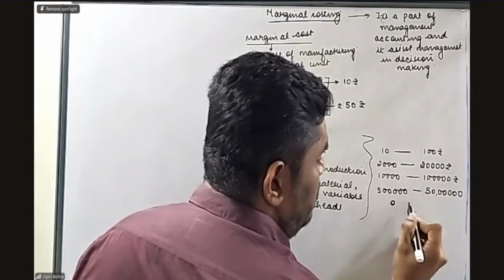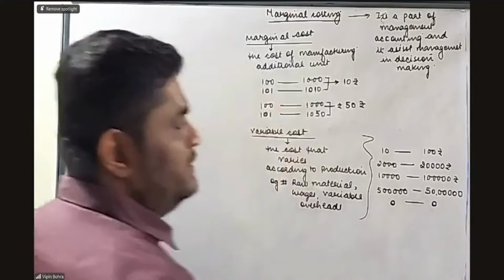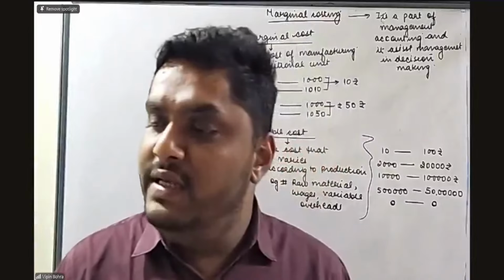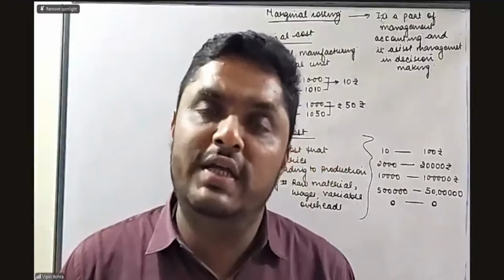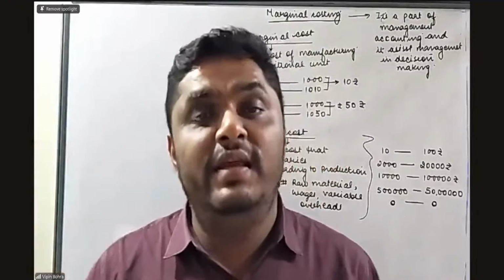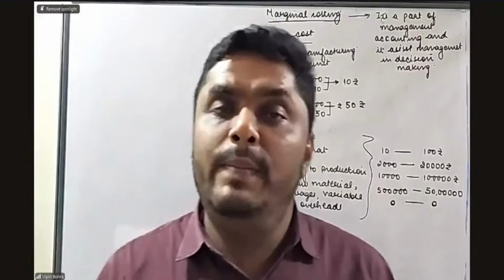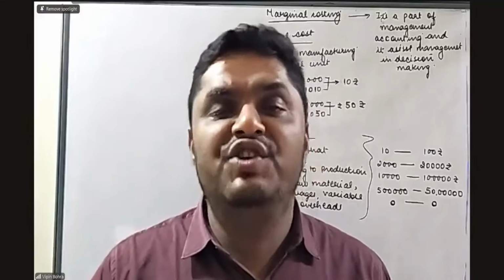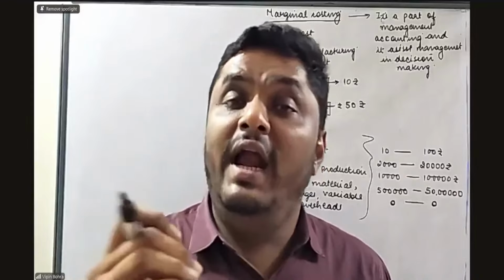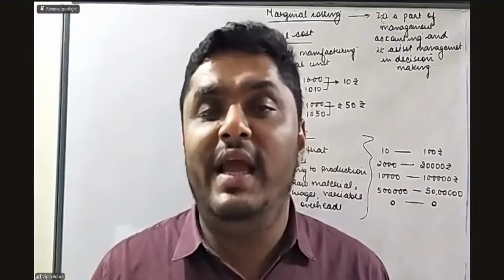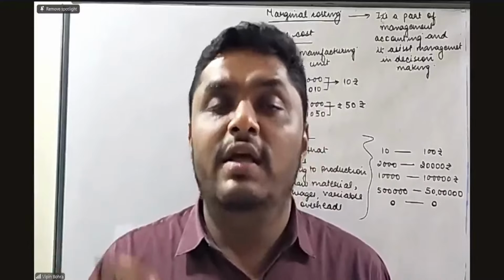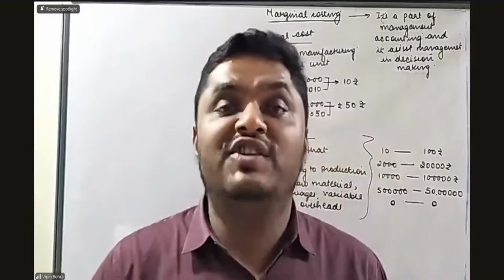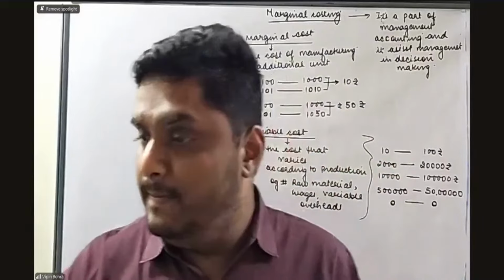And for 0 units, the cost will be 0 rupees. So this is the cost that varies according to production. More will be the production, more will be the variable cost. Less will be the production, less will be the variable cost. And if there is no production, then the variable cost will be 0.